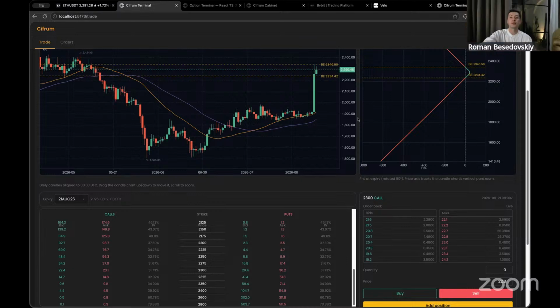And interesting, let's think what we can do. Usually, after such a strong movement, a lot of people are thinking that the market will go back, so they are trying to short the strong green candlestick.